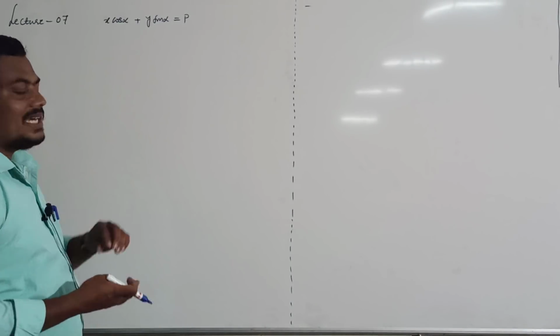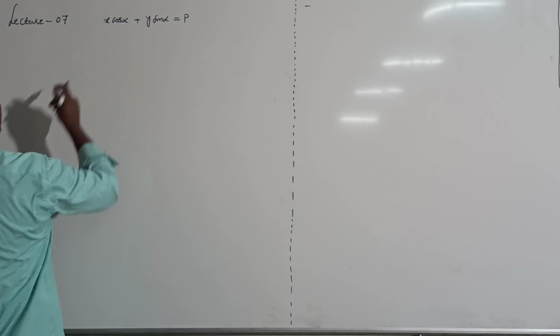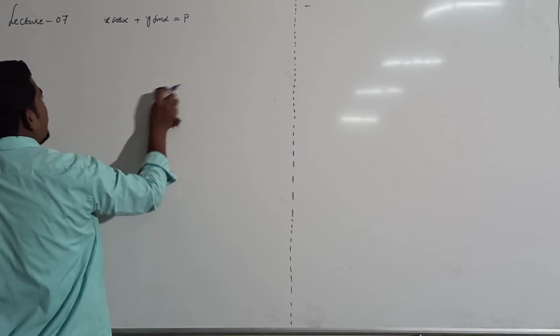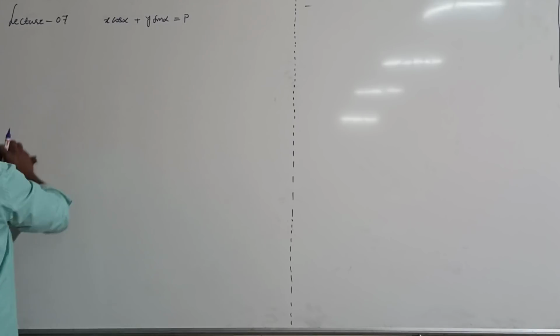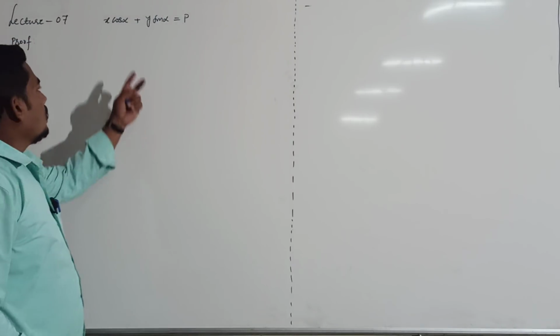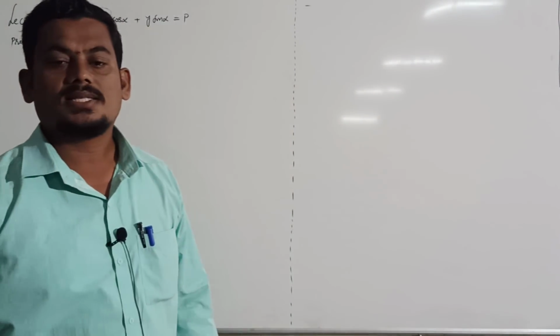I will explain in detail. Derive the equation of the line in normal form as x cos alpha plus y sin alpha is equal to p. Proof. We need to prove this result, x cos alpha plus y sin alpha is equal to p.